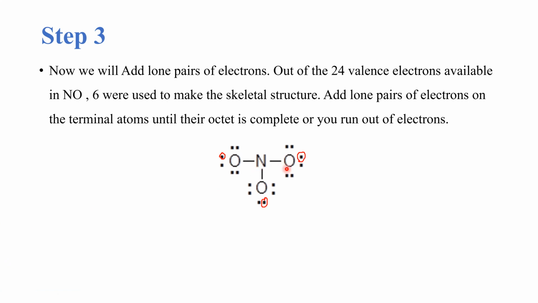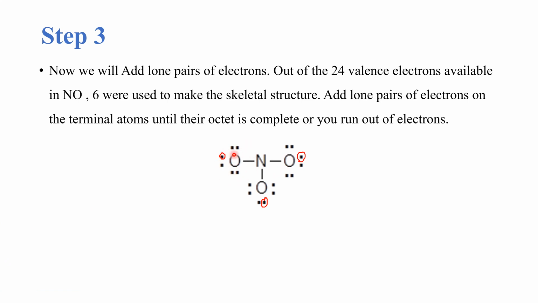So originally the oxygen has two lone pairs and one unpaired electron in its outermost shell, and we have drawn this electron also, because after getting this electron, the oxygen will be able to complete its octet.